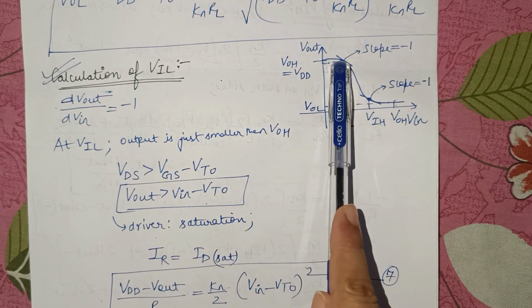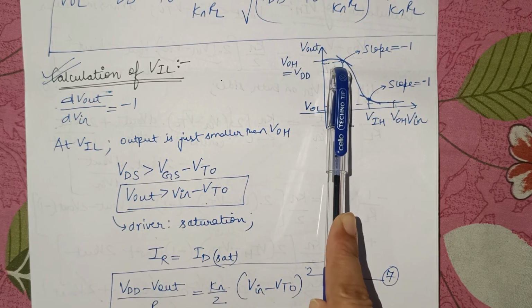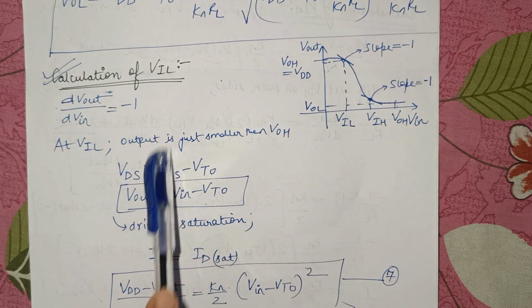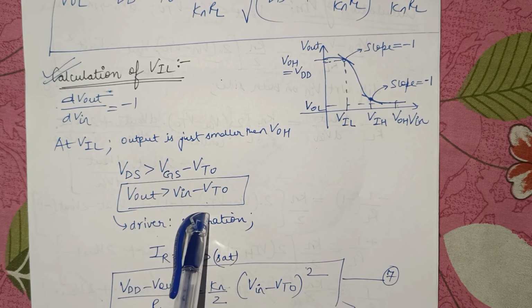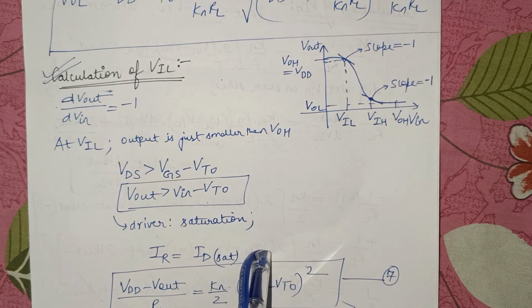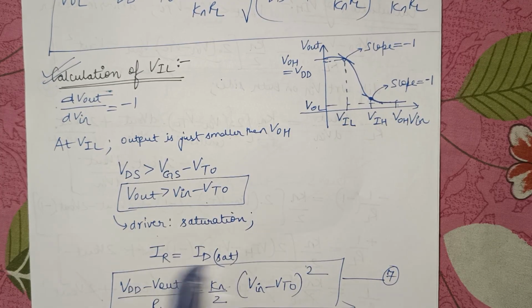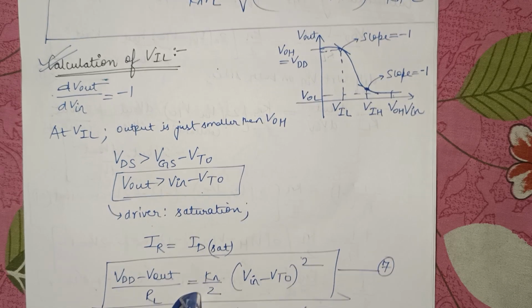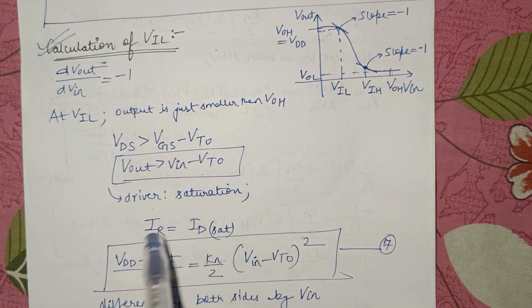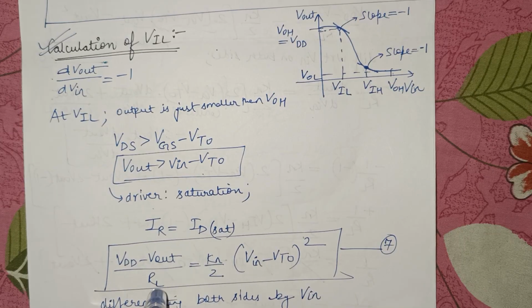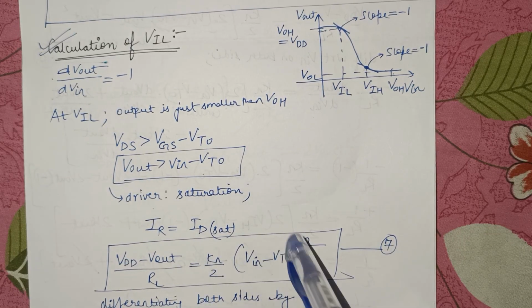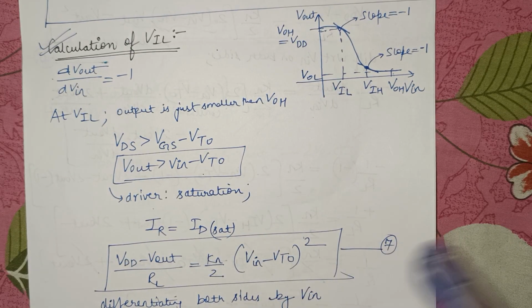The output is still very large, which means the driver should be in saturation, because the output is very high and there will be less drop. So in that case, IR will be equal to ID sat, and IR we have already written as VDD minus V out by RL, and it will be equal to Kn by 2 times (V in minus VTO) whole square.